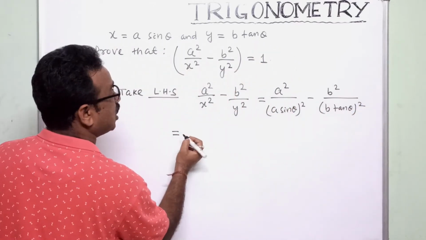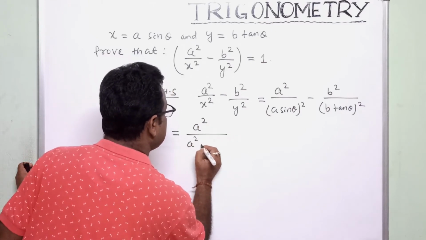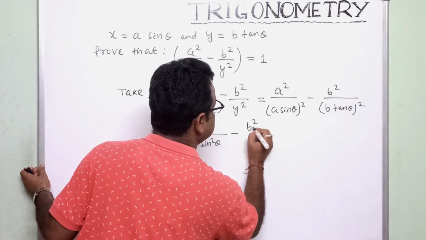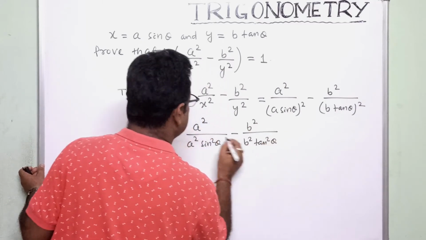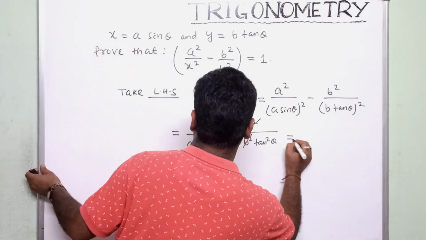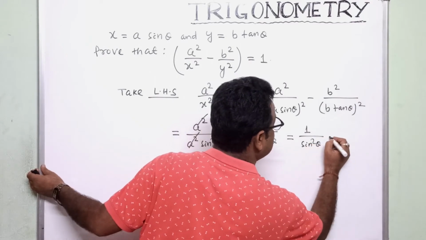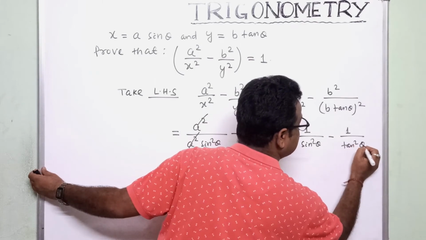So that is equal to a square by a square sin square theta minus b square by b square tan square theta. Here a square, b square cancelled. That is equal to 1 by sin square theta minus 1 by tan square theta.